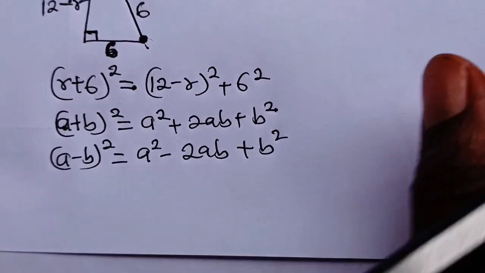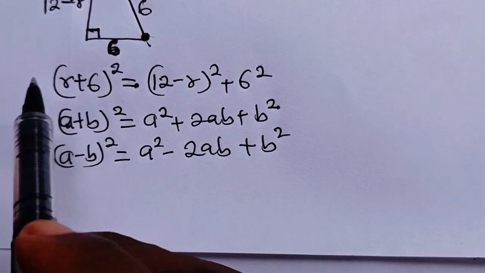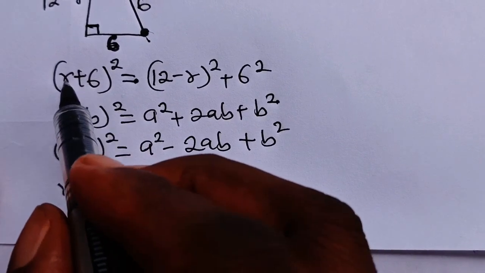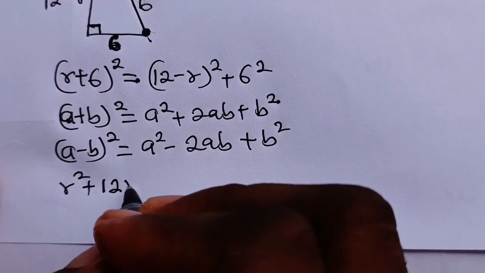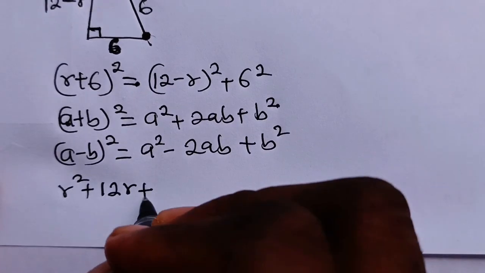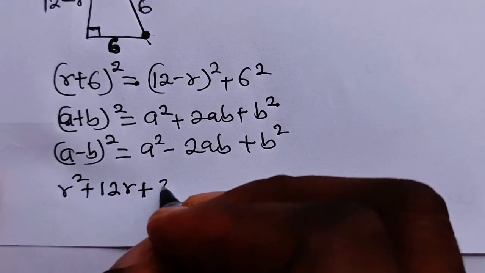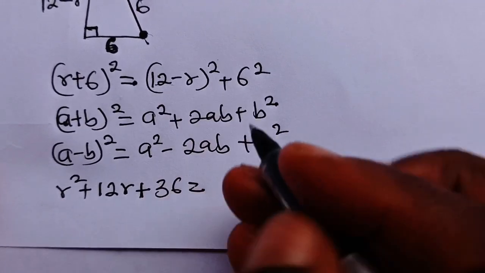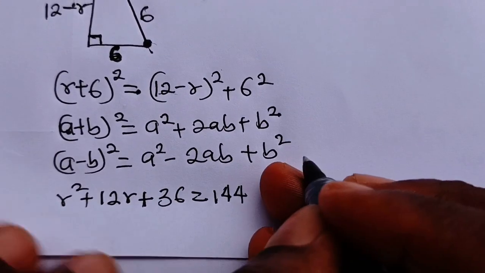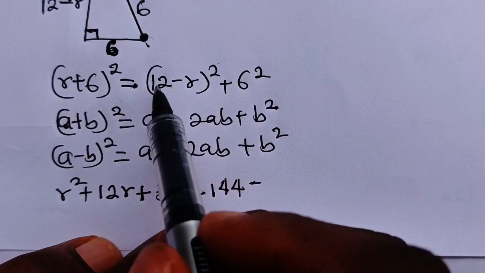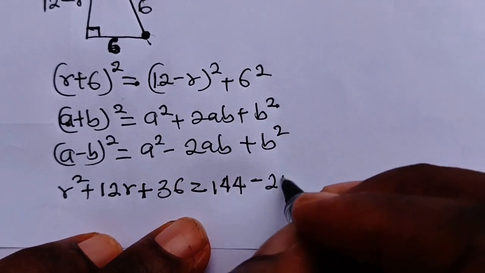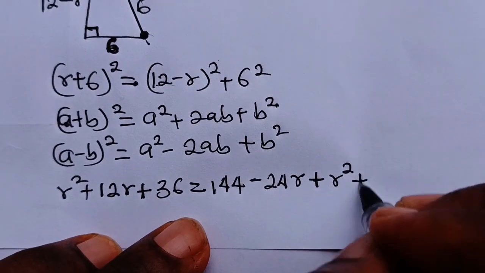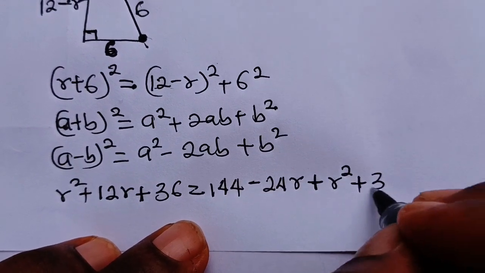Now that means that r plus 6 squared should be r squared plus 2 multiplied by 6 multiplied by r, which is 12r, plus 6 squared, which is 36, is equal to, to expand, 12 squared, which is 144, minus 2 times 12 times r, which is 24r, plus r squared, then plus 6 squared, which is what?